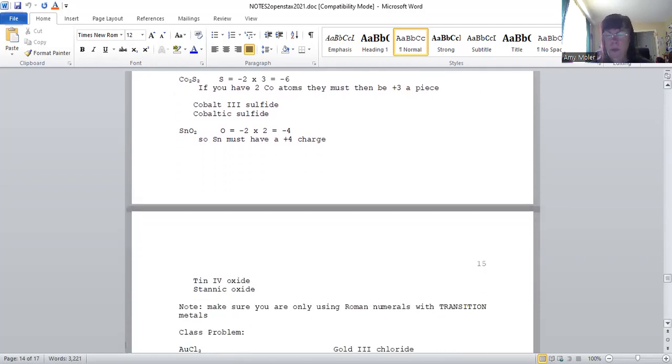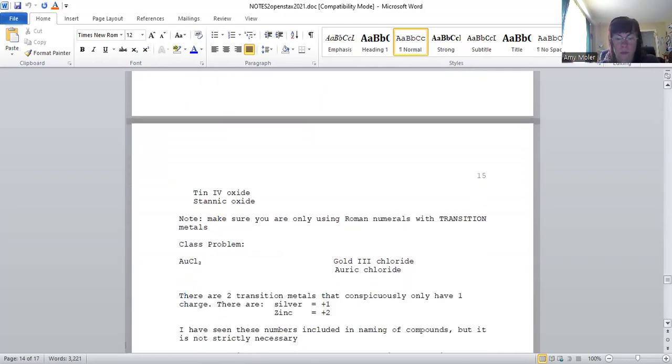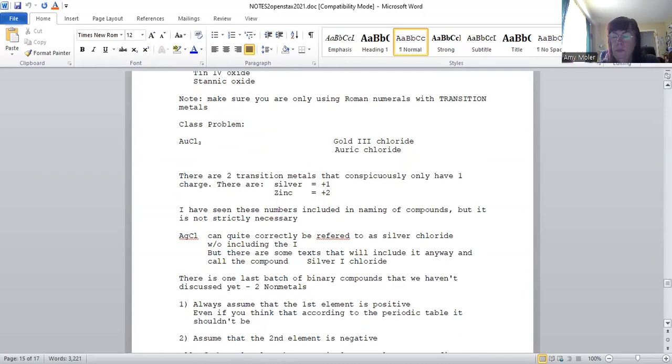How about iron? I mean, not iron, tin. So SnO2, we have -2. There's 2 of them. That's -4. So your tin needs to be a +4. We can call this tin 4 oxide or stannic oxide. Here's another one to look at.